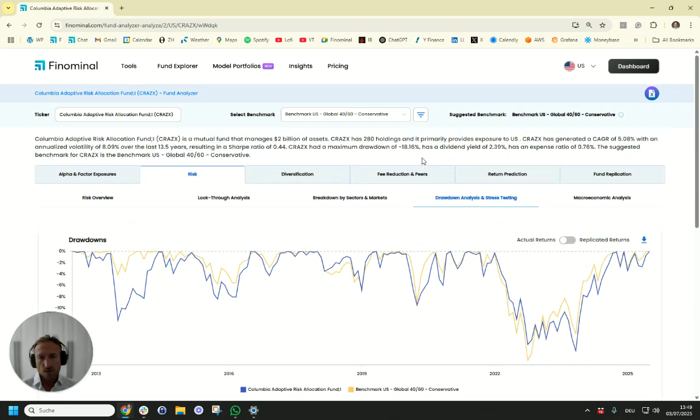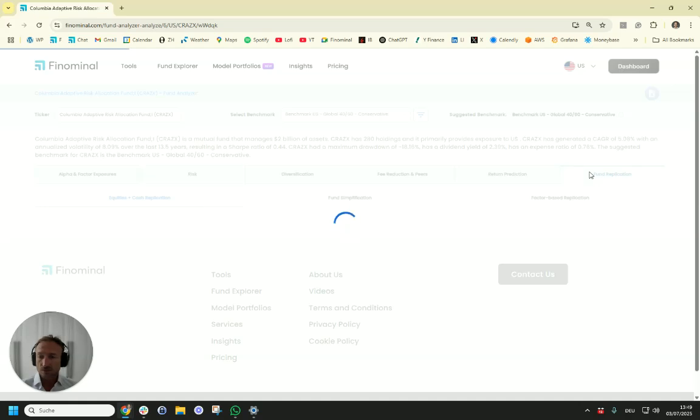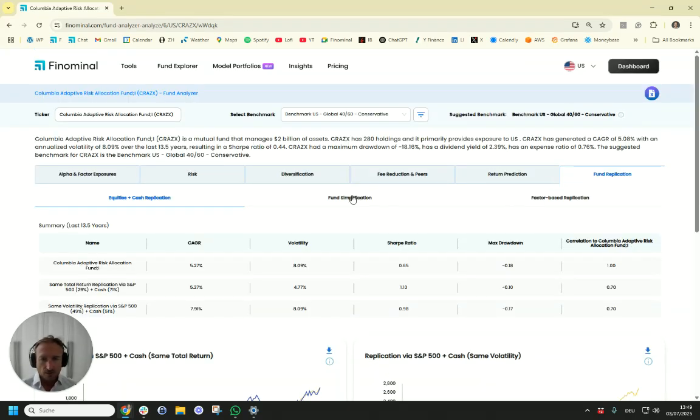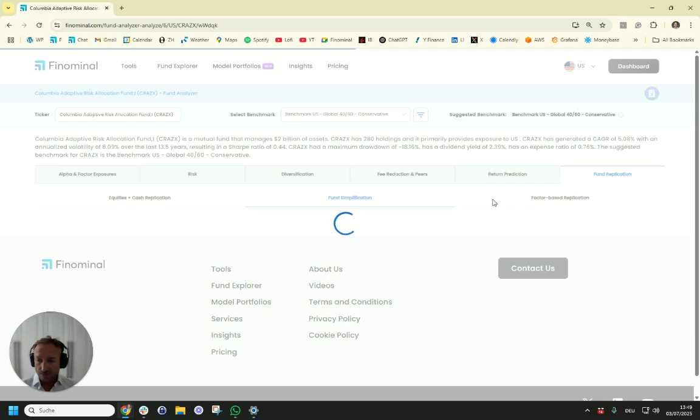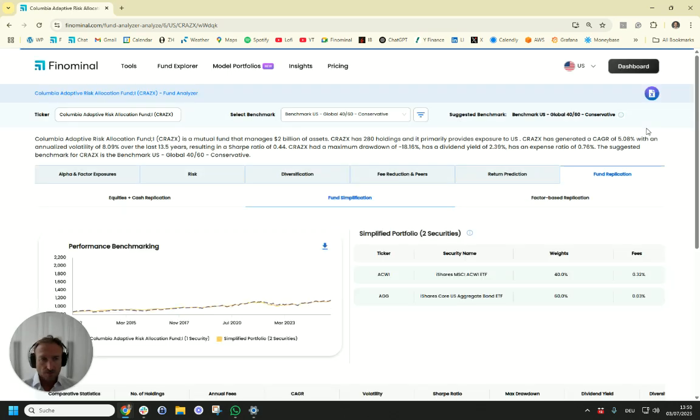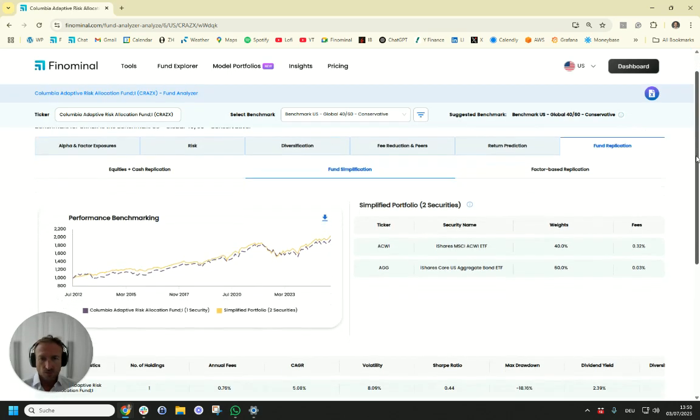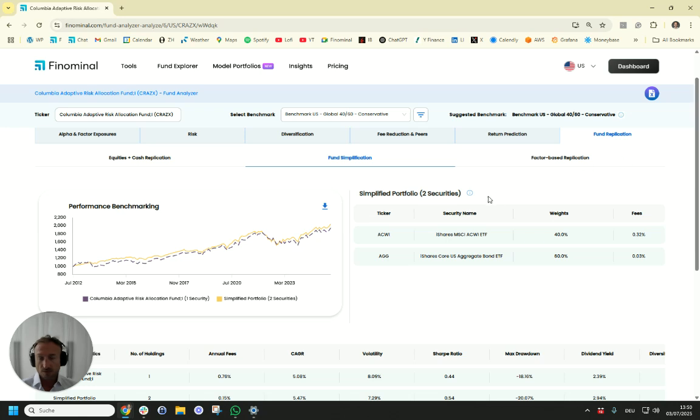Now, we can also think about, can we simplify this portfolio or replicate it? And the short answer is yes. Because effectively, a simple portfolio is that passive benchmark that we have already here.